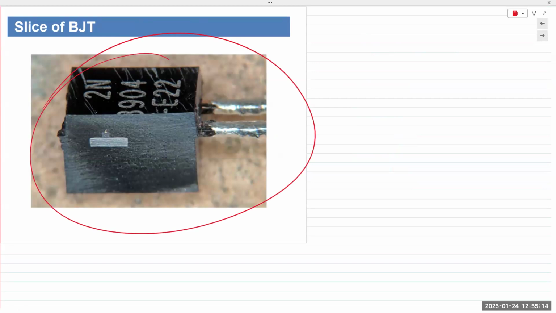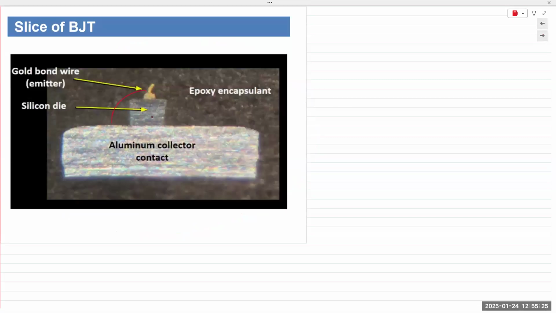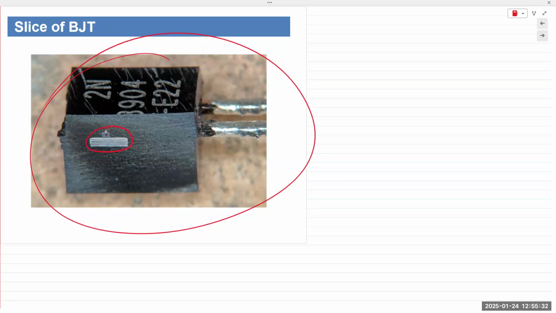It's about this small in size; this is highly enlarged. That's your aluminum pad, and it's large just to make contact. The actual transistor is right here. That's small, and the rest of this is just packaging.